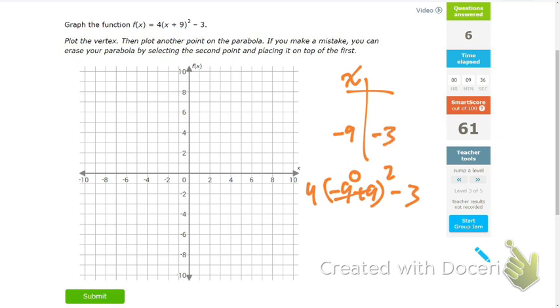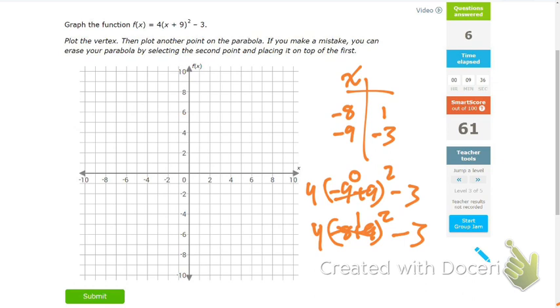And then you pick one other point. So I'm going to pick negative 8. So I have negative 8 plus 9, squared, minus 3. I have to multiply by 4 first. So I have negative 8 plus 9, which is 1. 1 squared, which is 1. 1 times 4 is 4. 4 minus 3 is 1. And so there you go. I have 2 points. Now I can easily graph this.